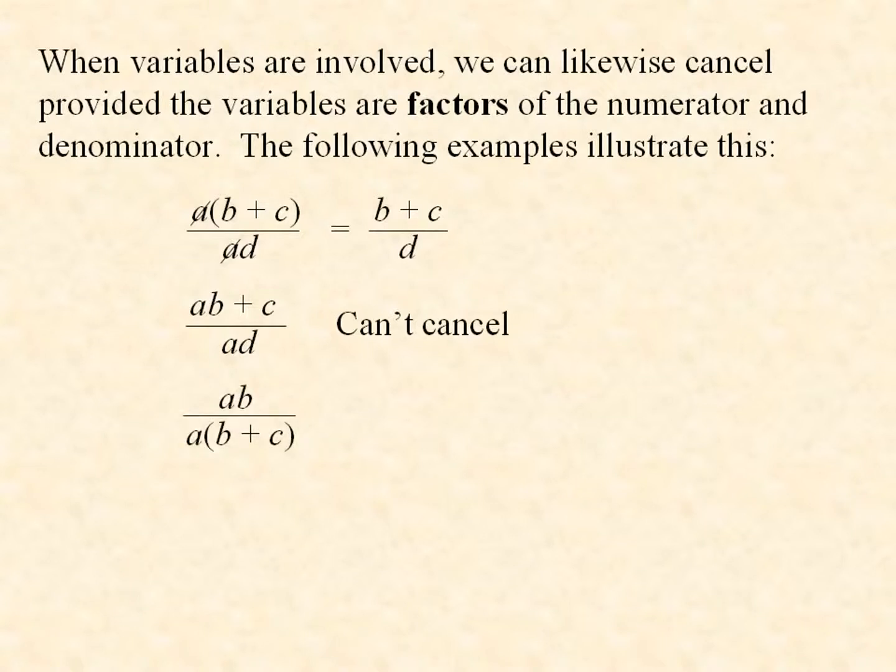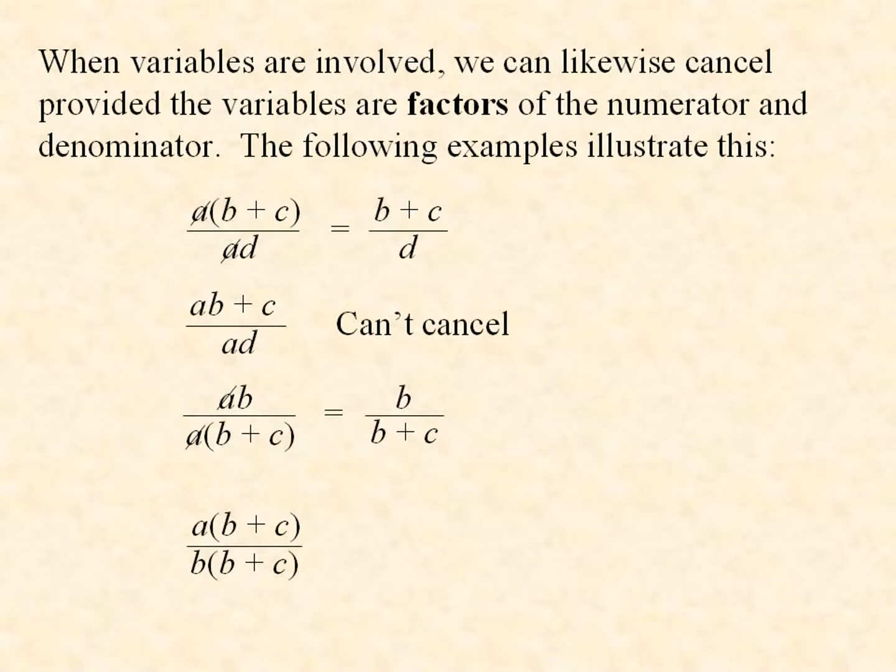How about this one, ab over a parentheses b plus c? Yes, we can cancel the a's here because they are factors of the numerator and denominator. So this is equal to b over b plus c. But be careful, we cannot cancel those b's there because we have a sum in the denominator.